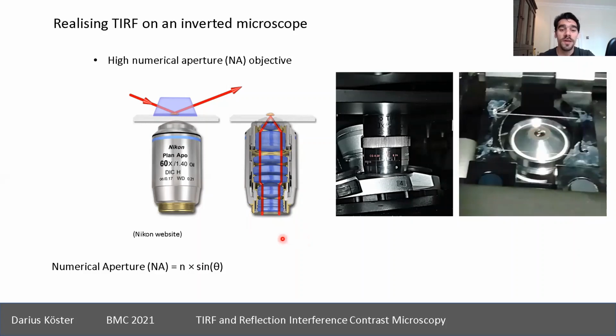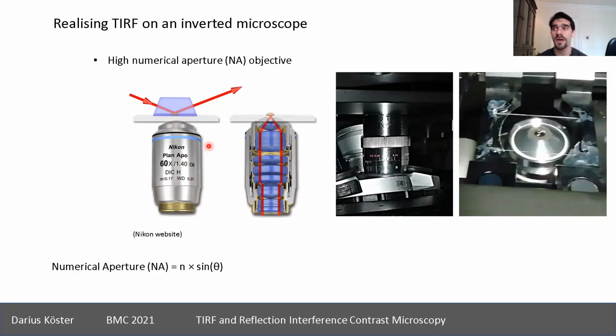If you put these values in, you can find out that that represents a numerical aperture above 1.4. So normally you want a numerical aperture above 1.4 to be able to generate these high incidence angles. With other objectives, you will not generate a high enough angle to get to the critical angle.